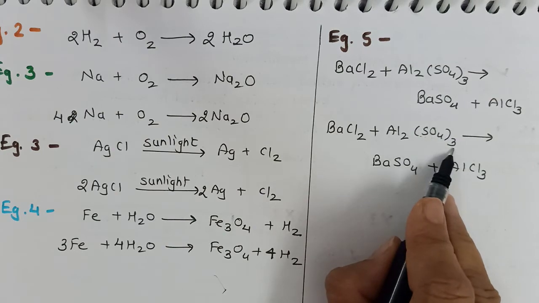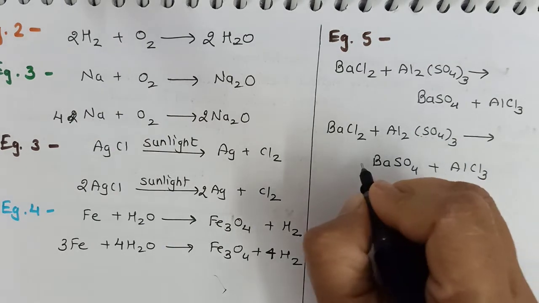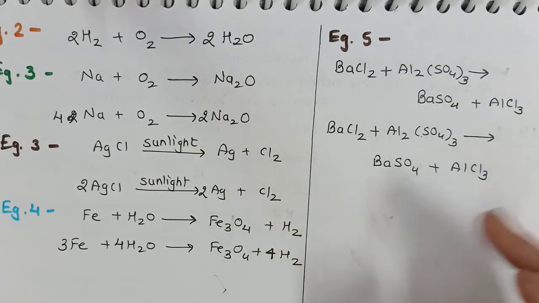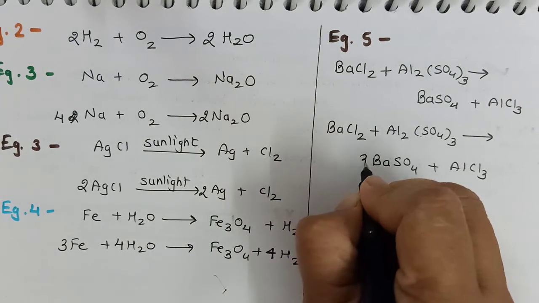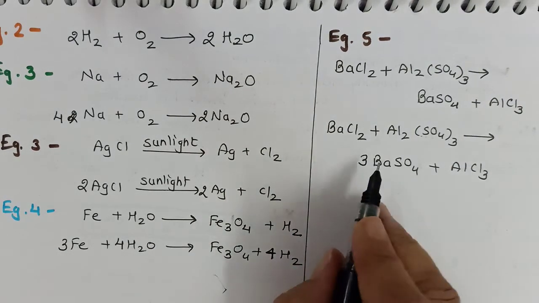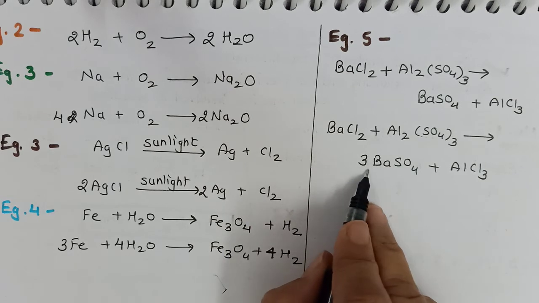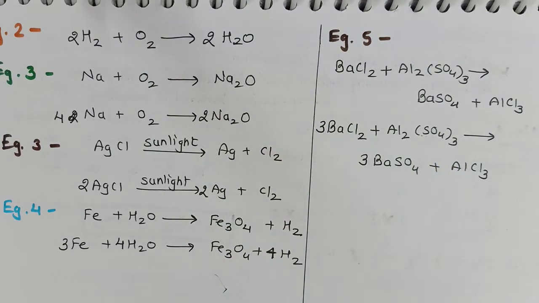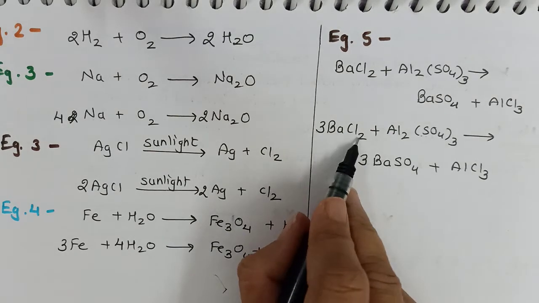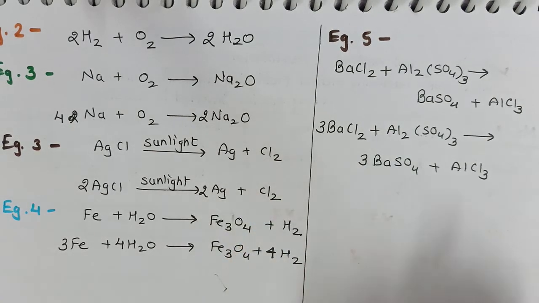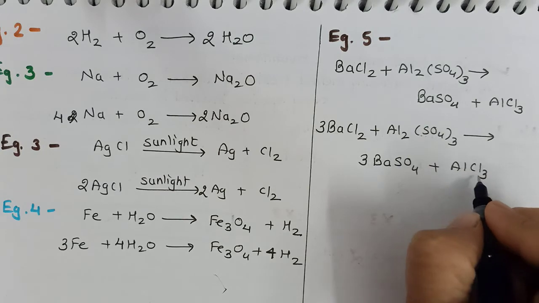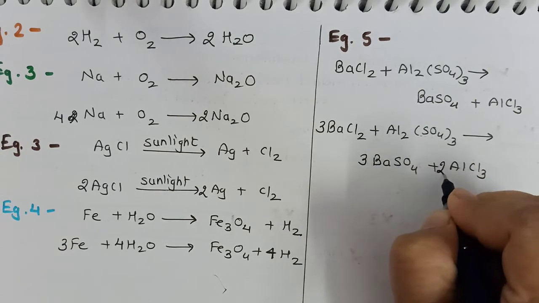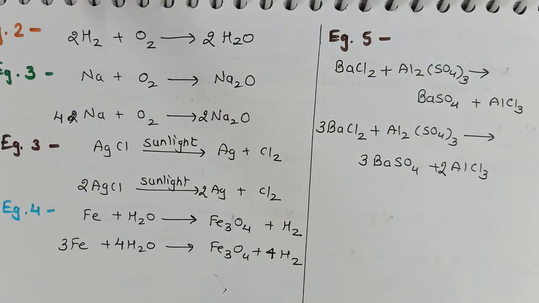Sulfate, there are 3 molecules, and therefore directly I can balance sulfate in one go by writing 3BaSO4. So in the process, barium atoms have turned to be 3, and therefore I will make barium 3 on the reactant side. But chlorine has become 6 now, and therefore I need to balance chlorine also. So I will write 2AlCl3.